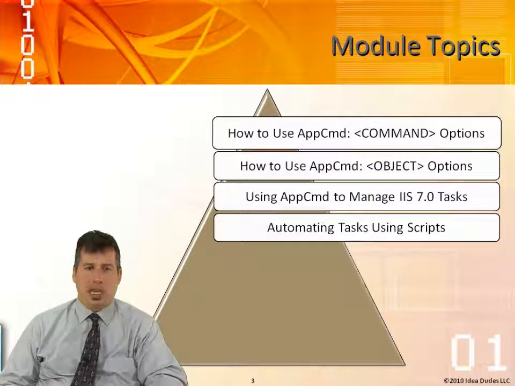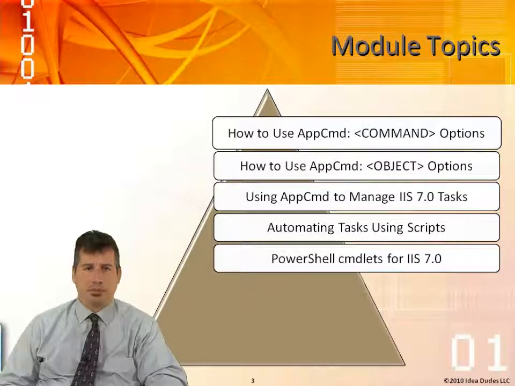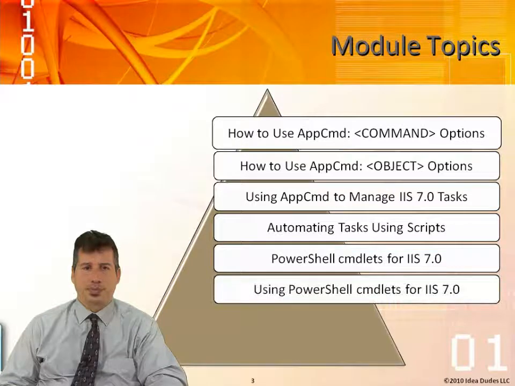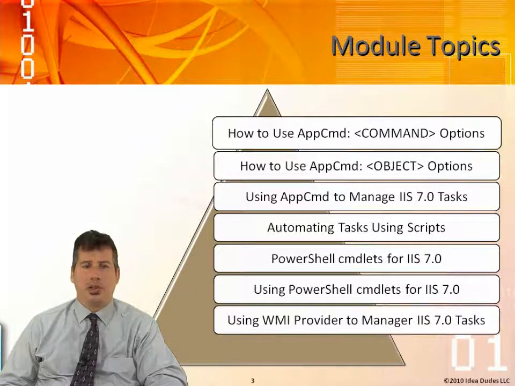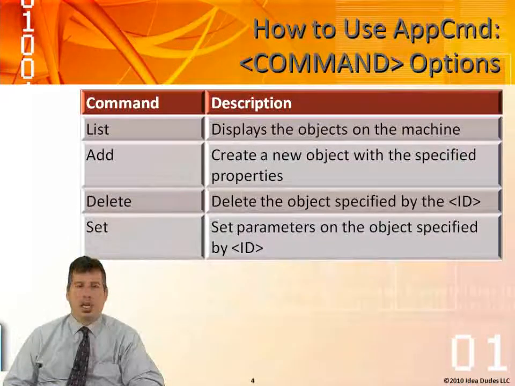We're going to look at automating tasks using scripts, PowerShell commandlets for IIS 7.0, and using the WMI provider to manage the IIS 7.0 tasks. And you do have labs at the end of the module.